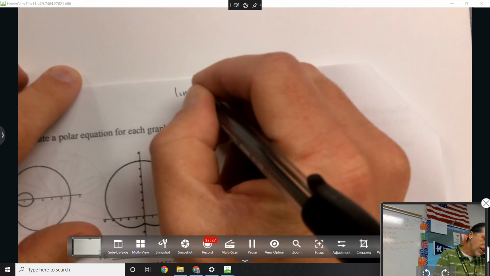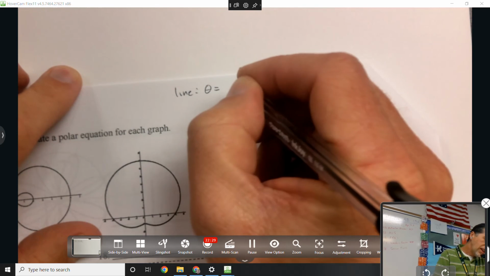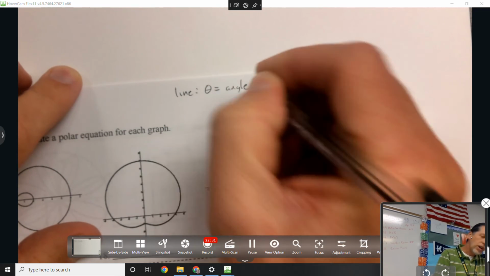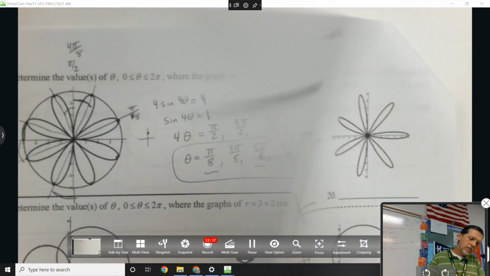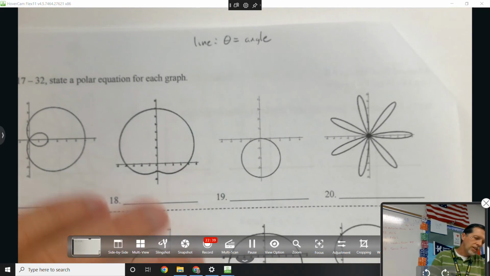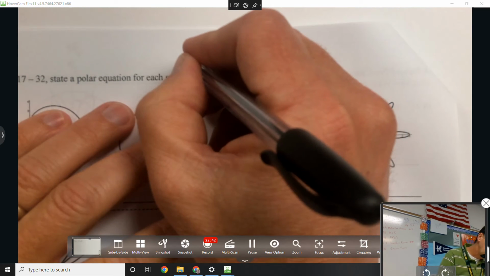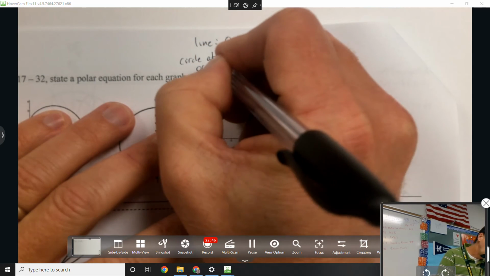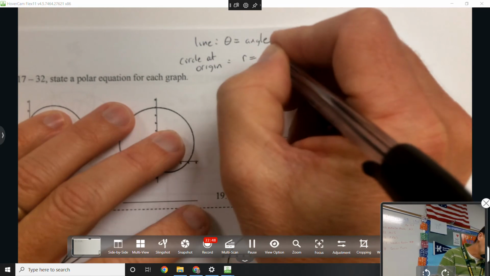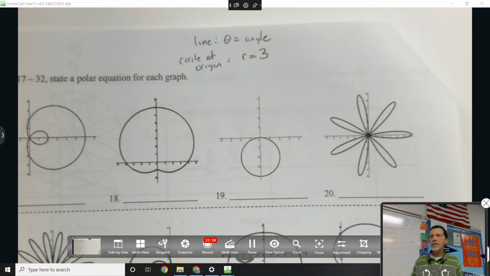I guess here's the quick summary. If a line is just theta equals an angle, that was number 4 and 12 on the front. A circle at the origin, that's just r equals 3 or 5 or 7 or whatever.